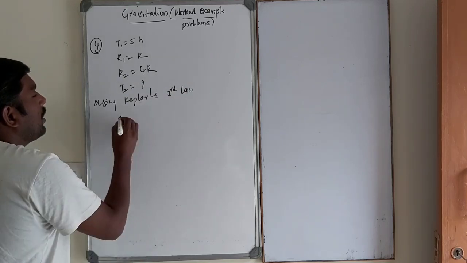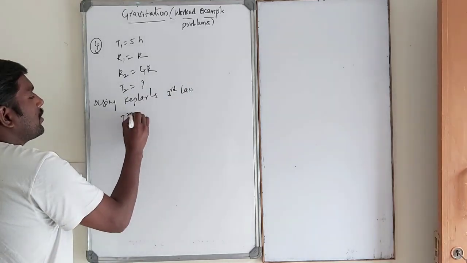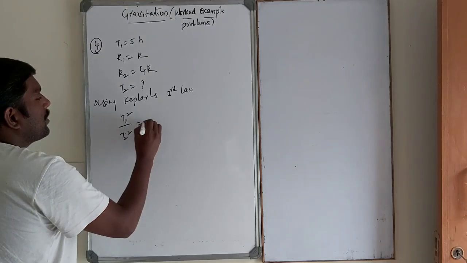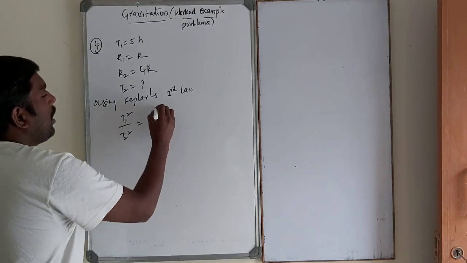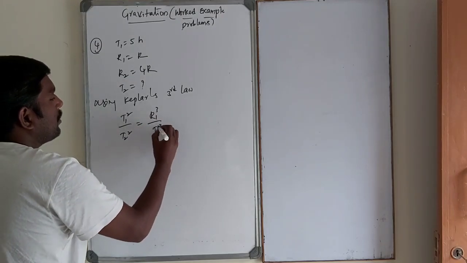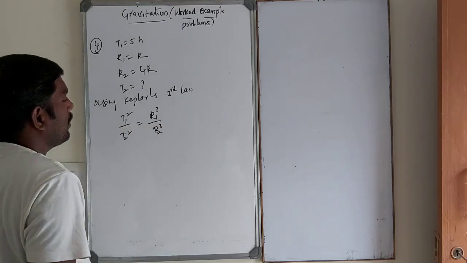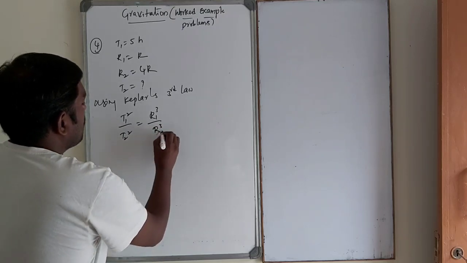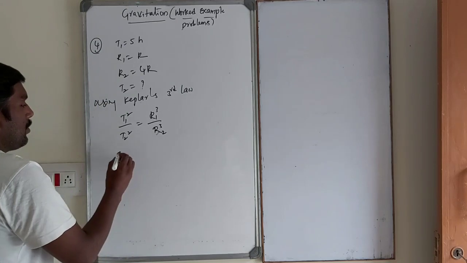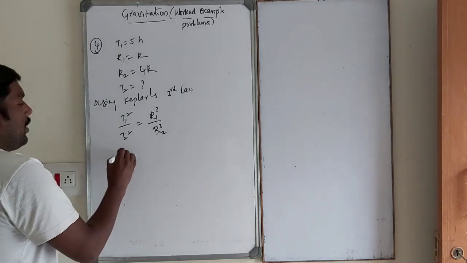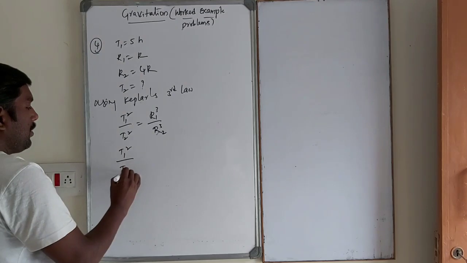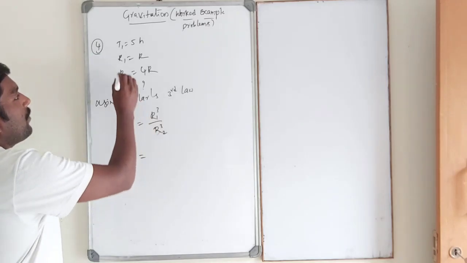Using Kepler's third law, T1 square by T2 square is equal to R1 cube by R2 cube. T1 square by T2 square is equal to, what is the value of R1?